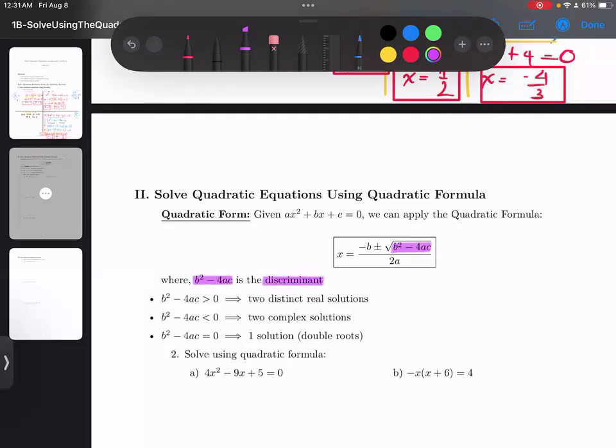If the discriminant, the thing underneath the square root, is positive, greater than 0, you're going to have 2 real solutions. If it's negative, you're going to have an imaginary solution, or they call it a complex solution. Of course, a negative square root gives you i. And if it's 0, then you're going to have a double root.